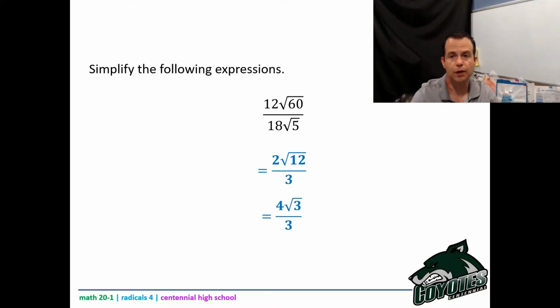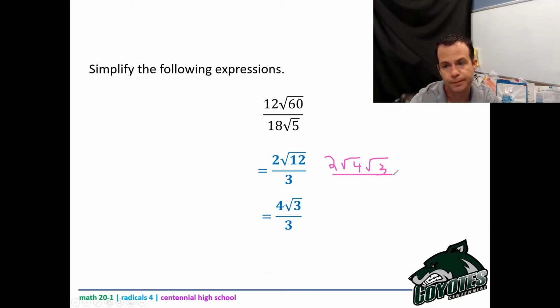Now, I'm not showing you those middle steps in the simplification anymore, but just in case I just stressed you out with this first example, I did this essentially: 12 is root 4 times root 3, and then root 4 is 2, 2 times 2 is 4.